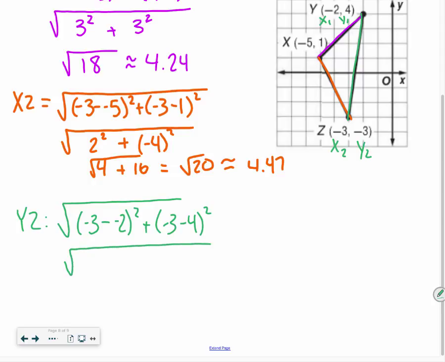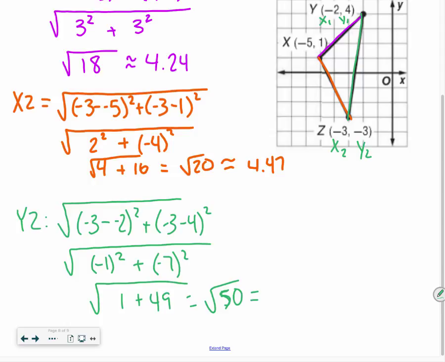So it's the same thing as negative 3 minus a negative 2 is negative 3 plus 2, or negative 1 squared, plus negative 3 minus 4 gives me negative 7 squared. So negative 1 squared just gives me 1 plus negative 7 squared is 49. So that is my square root of 50, which is approximately 7.07.